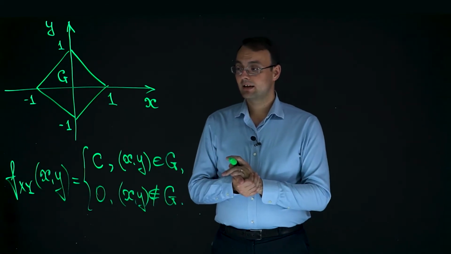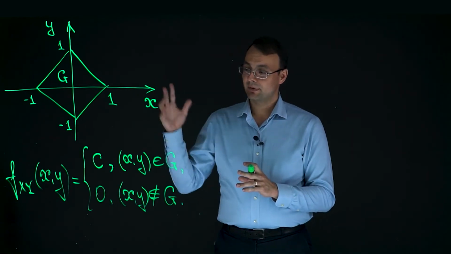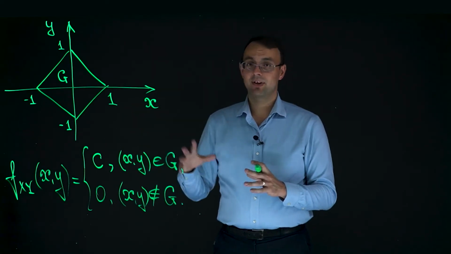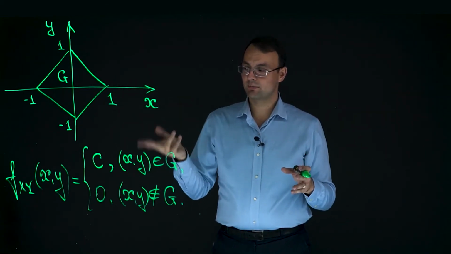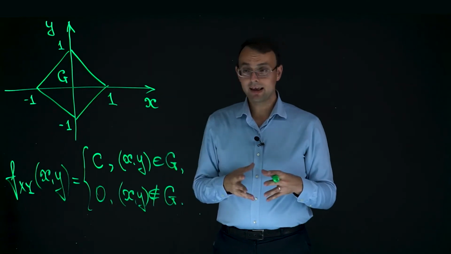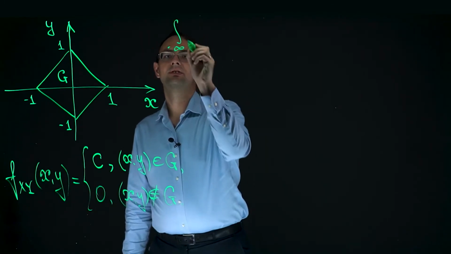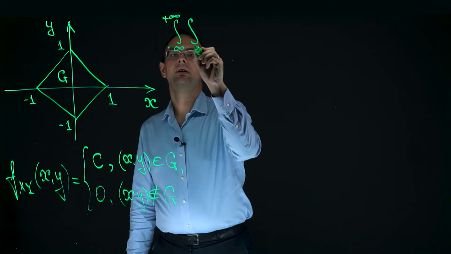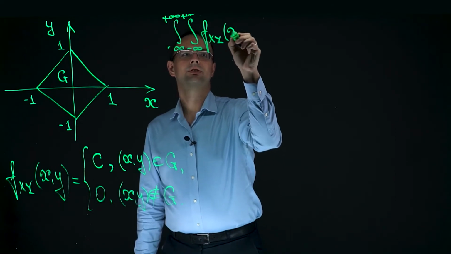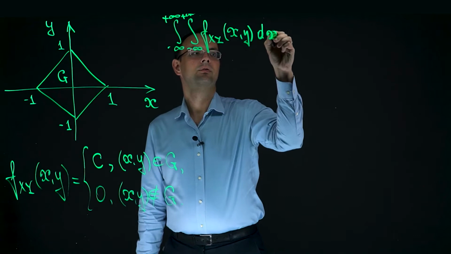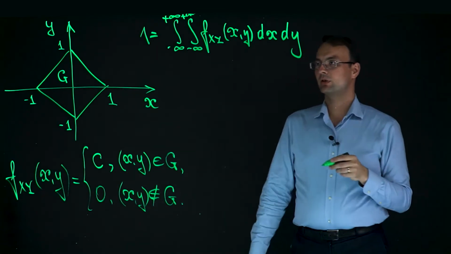As in the scalar case, in the two-dimensional case, to find C we are to apply one of the properties of the PDF: the integral of the PDF over the whole plane, from minus infinity to plus infinity both over x and over y, is to be equal to 1. But what do we see here?